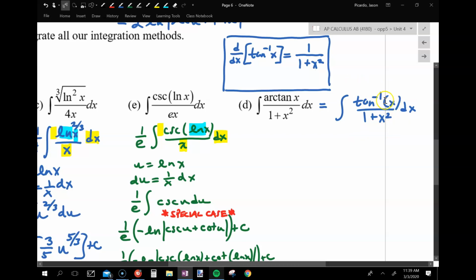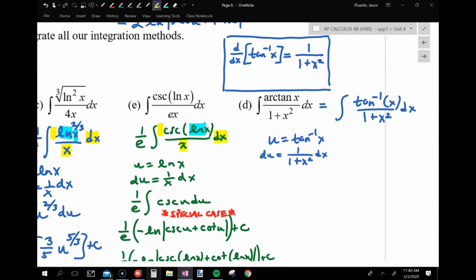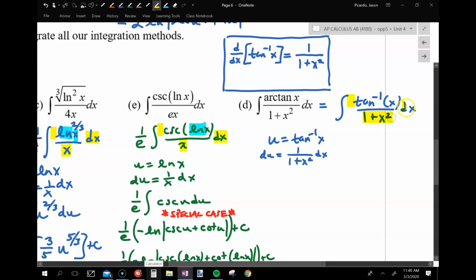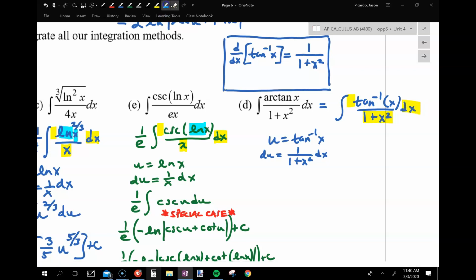Oh, no, the other way around, because I want the derivative to match what's here, right? So I'm going to make my u tan inverse of x, which means that the derivative of that is 1 over 1 plus x squared dx. So there's my 1 over this dx, there's my du substitution.